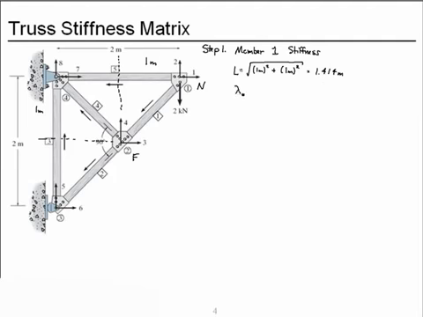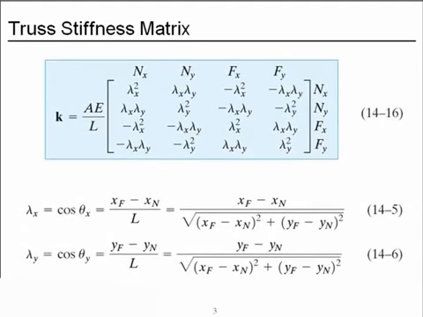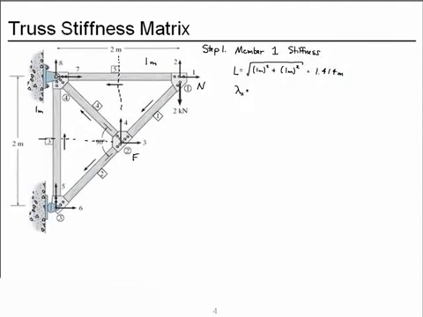Now our directional cosines. Lambda x, we saw, is the change in x coordinate over the length. But my change in x coordinate from near node to far node is negative in this case, so I have a negative 1 meter over the length.